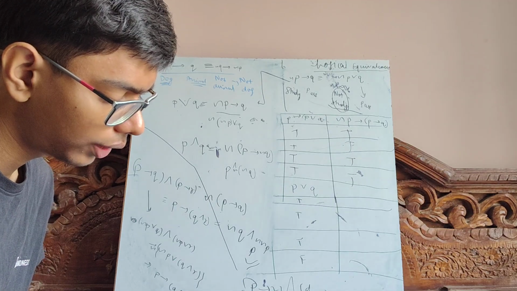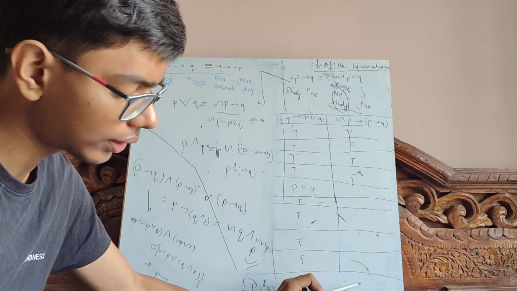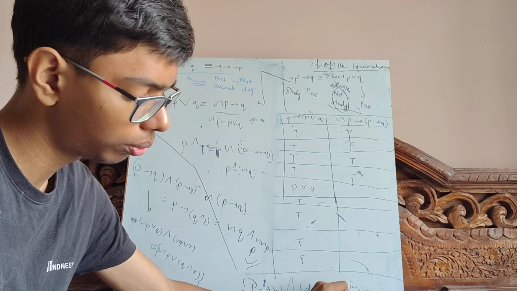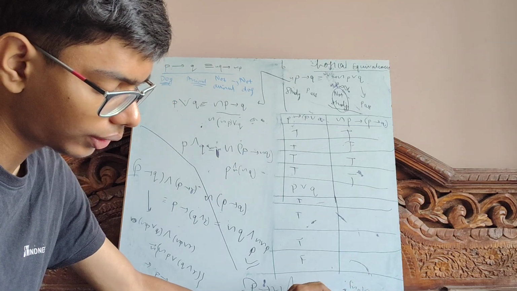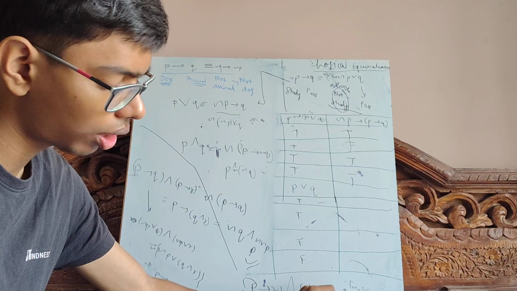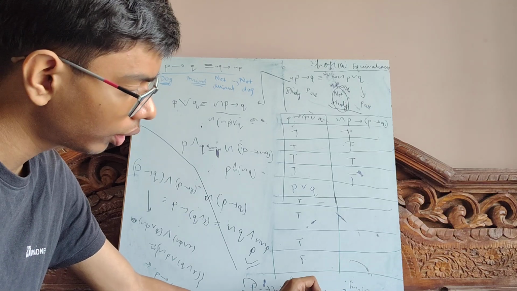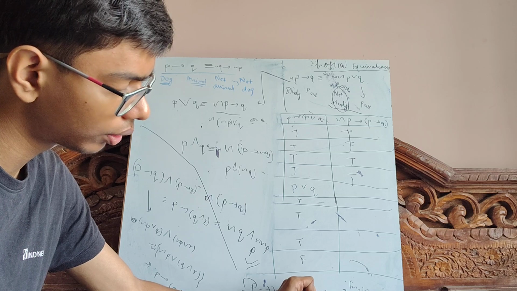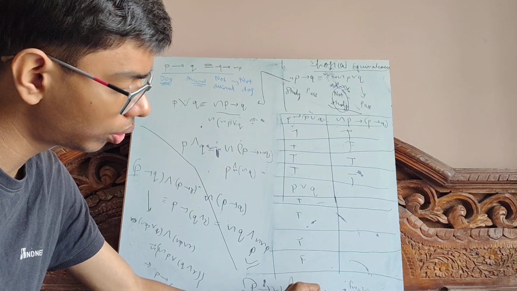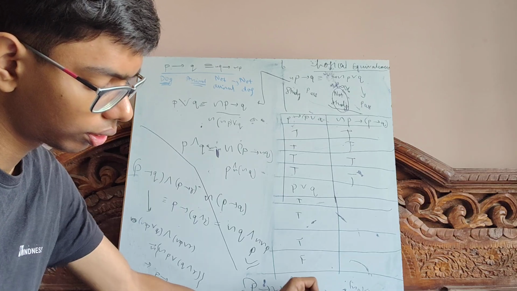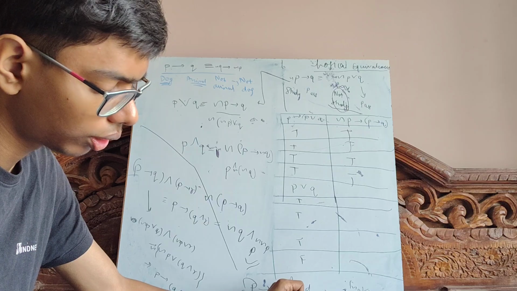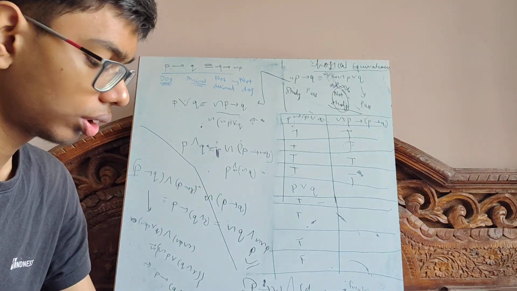Simply I can write this as negation of P or R and negation of Q or R. This can be written as negation of P and negation of Q, or R. This will be written as negation of P and Q, or R. This is written as P or Q implies R, okay?